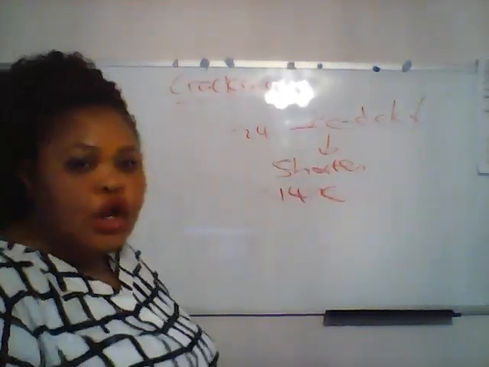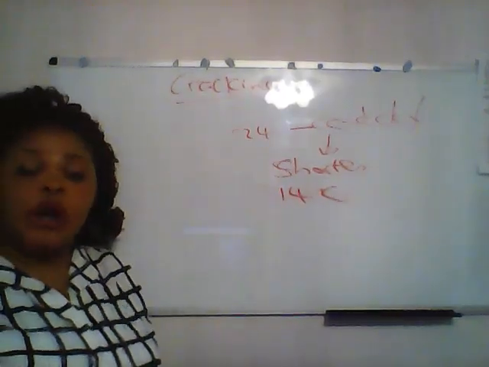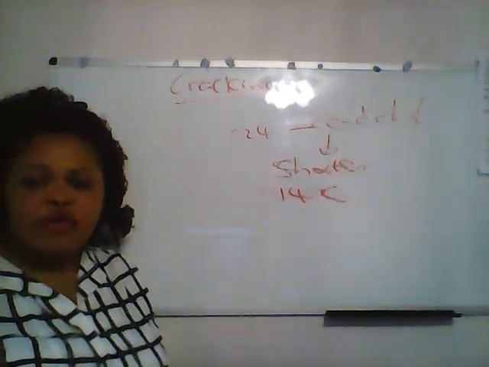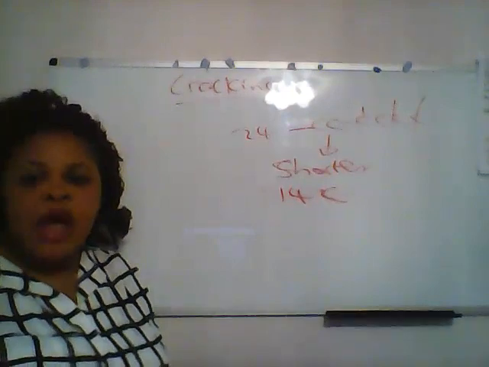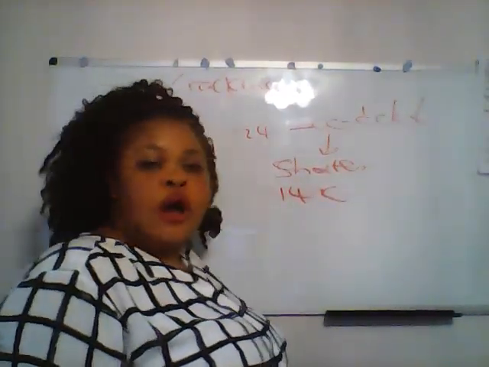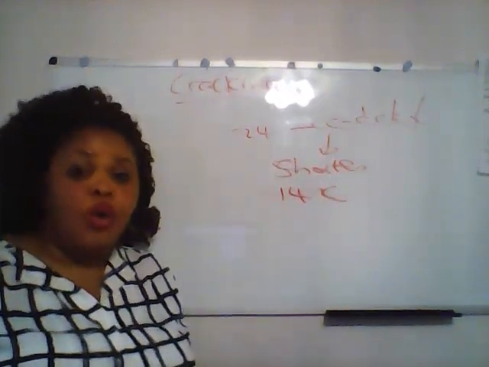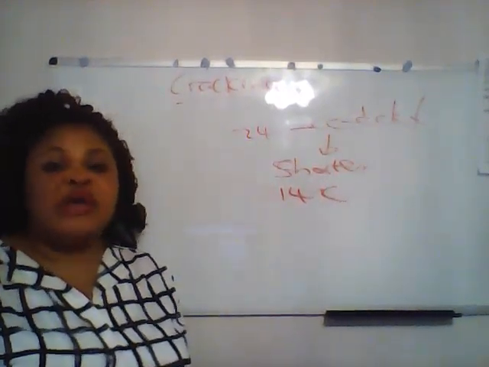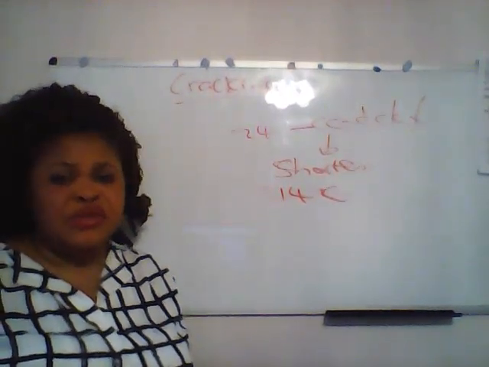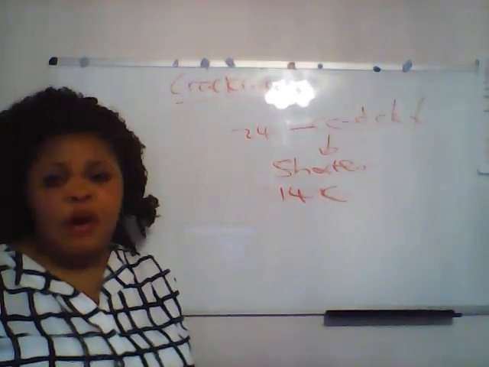You break up the long chain hydrocarbon into smaller ones that are in higher demand. That is how cracking helps countries or governments to get more out of their crude oil, because they don't need those long chain ones and they're in huge amounts. What's the point?